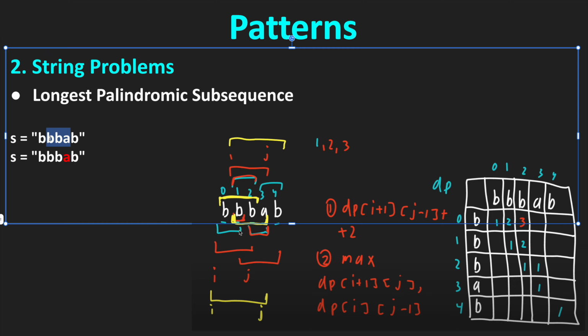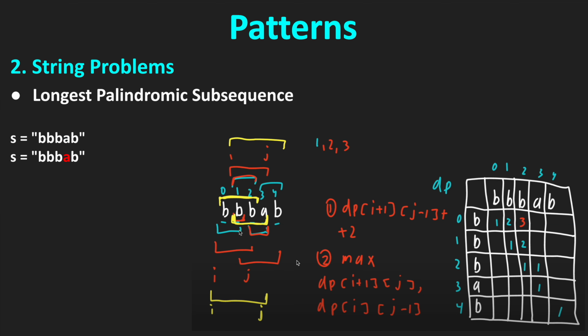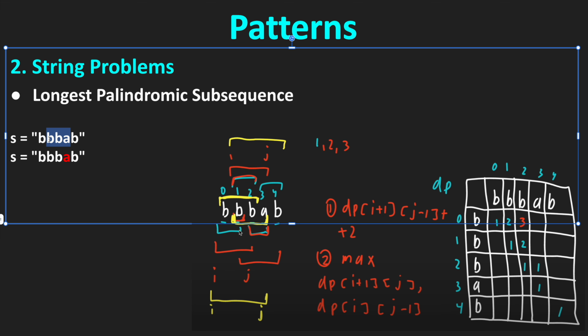So we are taking whatever the maximum value from the subproblem that we have already solved. If they are equal, then we are taking the +2 because the edge indexes are equal, and we are taking whatever maximum in the middle. That's the first one. But if they are not equal, right?